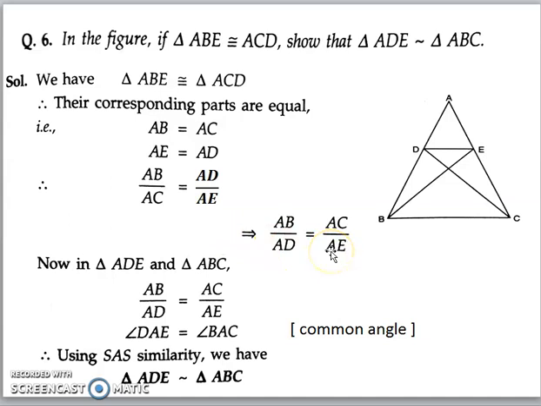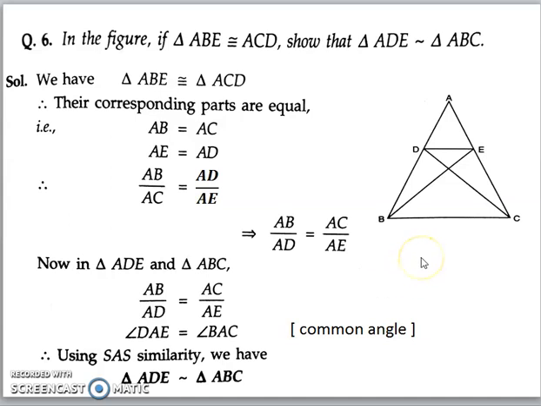Now just interchanging, that is, cross multiply and rearrange the terms, and I can get AB by AD is equal to AC by AE. This is just by cross multiplying and rearranging. Now why I want it in this order is so that I can prove the similarity of the above two triangles.